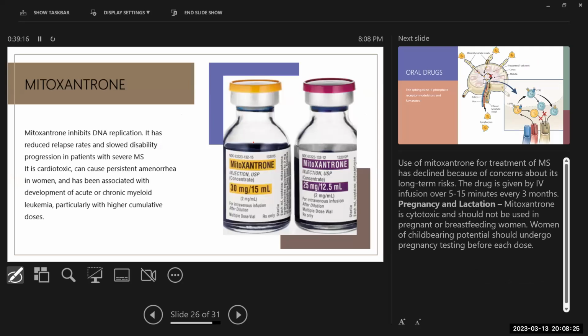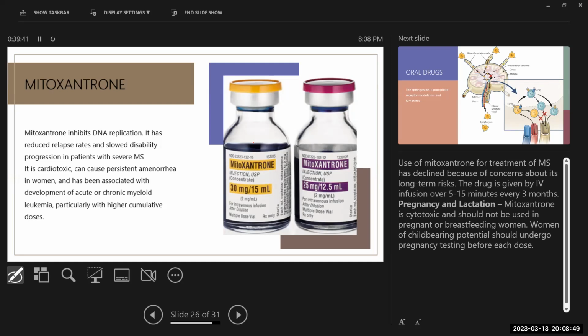Mitoxantrone is an old drug. It's an anti-cancer drug. This drug is cardiotoxic. It's been associated with the onset of leukemias. It's also not safe during pregnancy or breastfeeding.